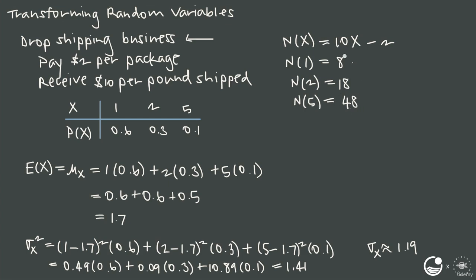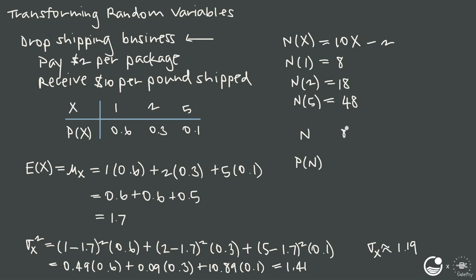So now, with these new values, we can set up a new probability distribution like we had over here. Instead of x and the probability of x, we'll look at this as n and the probability of n. In other words, we can think about n as a new discrete random variable that has been scaled and shifted. So the values that n can take on are 8, 18, and 48, in the same way that x could take on the values of 1, 2, and 5.